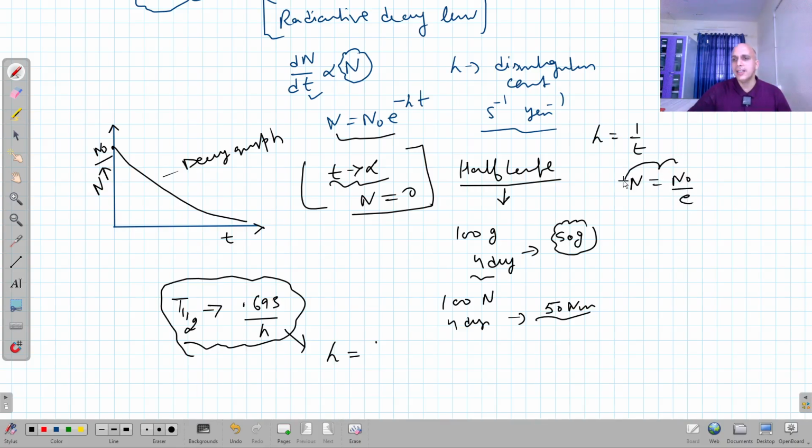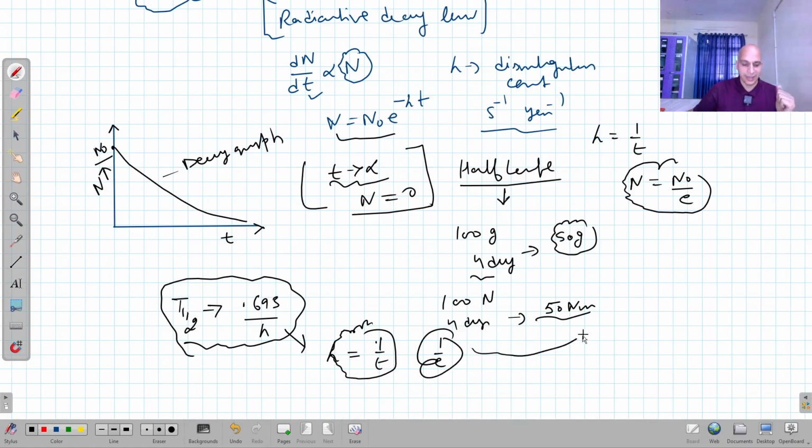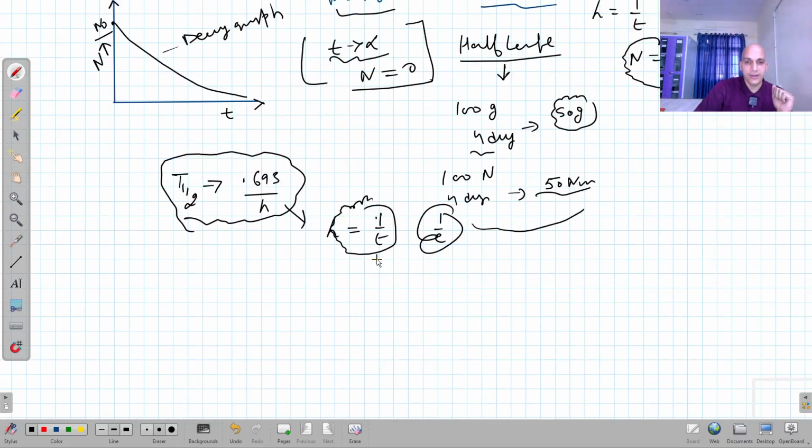So we can say that the disintegration constant is defined as the reciprocal of the time during which the nuclei decay to 1 upon e times their initial value. So it can be explained in that way, right? So this is about half-life and the radioactive decay law. Then we have average life.